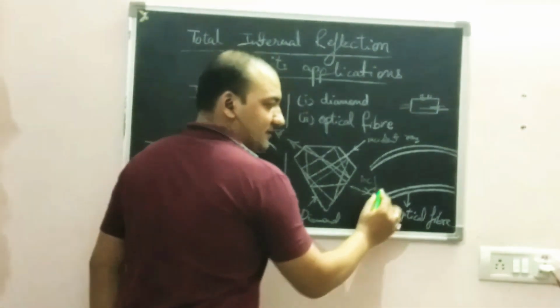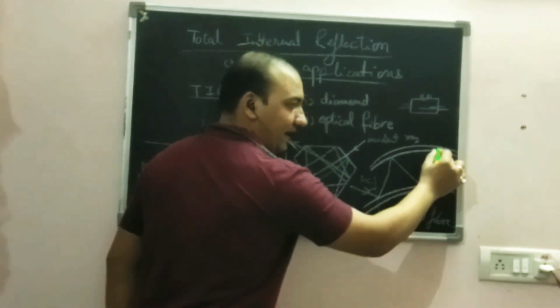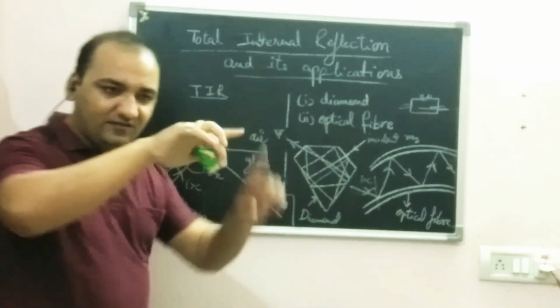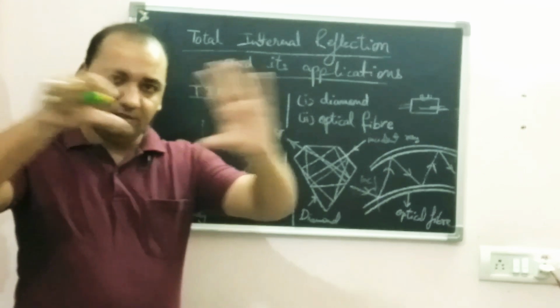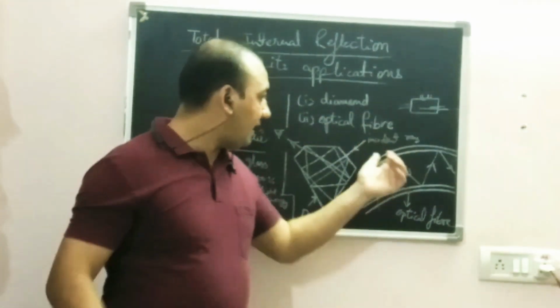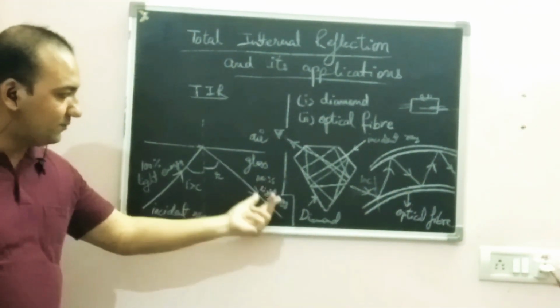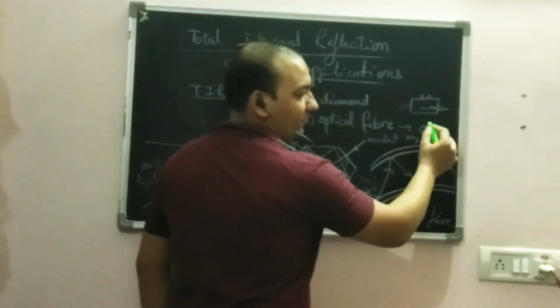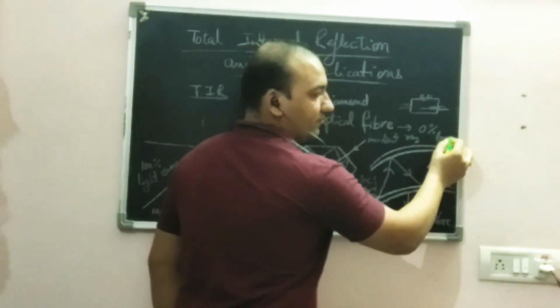So the signal travels again and again, getting reflected back and forth. The signal is internally reflecting within the optical fiber, and in total internal reflection, as we know, 100% of the light energy is reflected, which means that in optical fibers we'll have 0% losses.